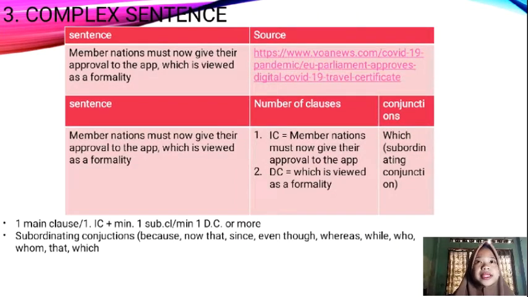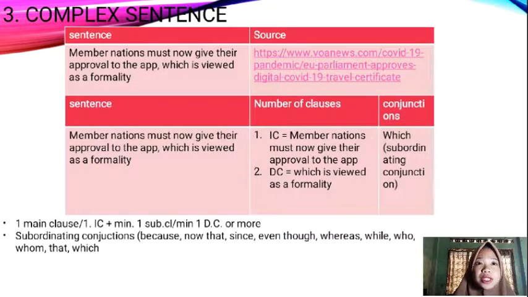Number three, complex sentence. The example is: member nations must now give their approval to the app, which is viewed as a formality. The number of clauses is two, the independent clause and the dependent clause. The independent clause is member nations must now give their approval to the app.